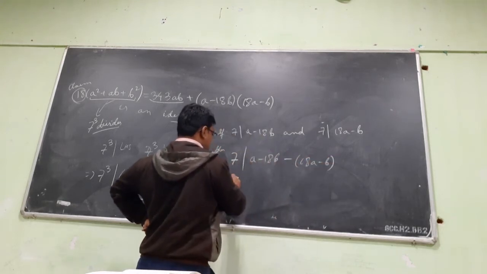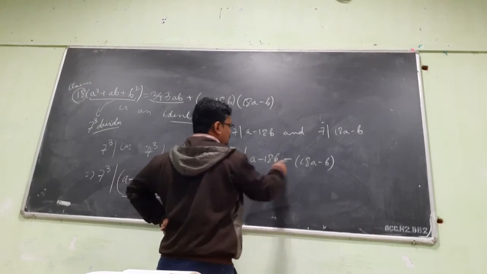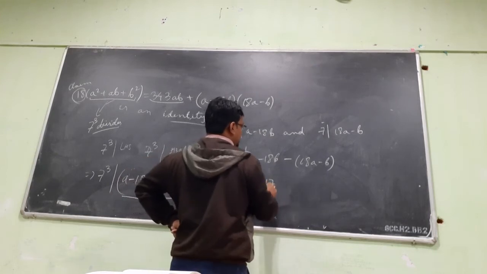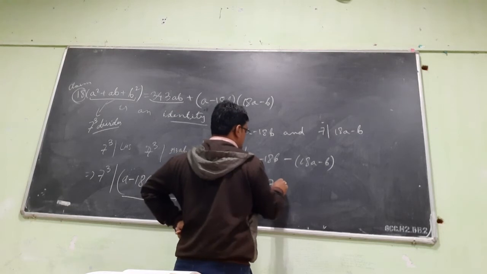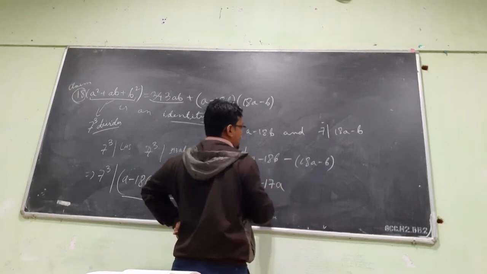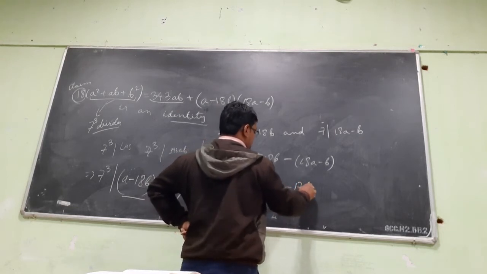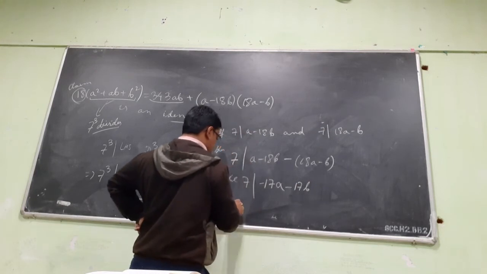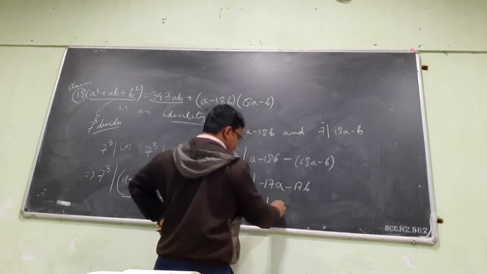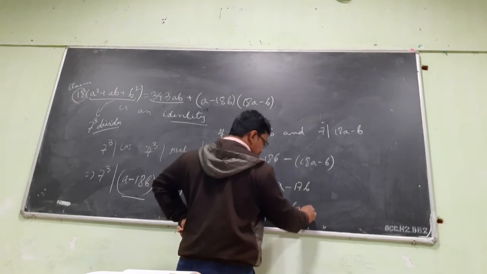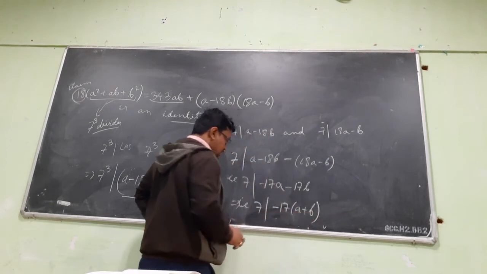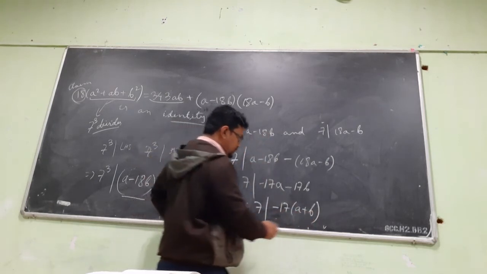That is, 7 divides minus 17a and minus 17b, so 7 divides minus 17 into a plus b. So from here what can I say? 7 divides b.